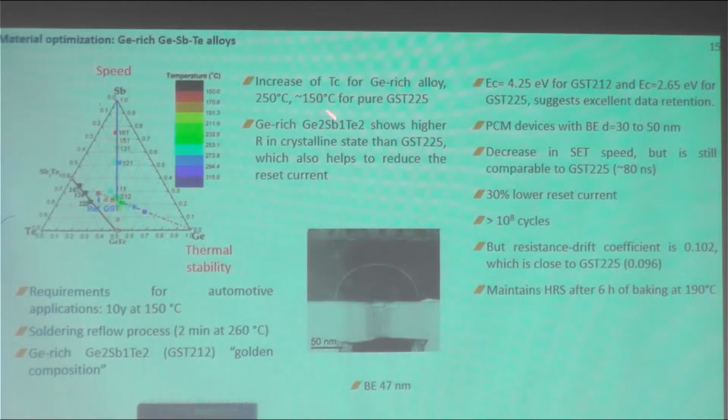Also, this composition, germanium-rich GST, shows higher resistance in the crystalline state than GST225. This also helped to reduce the reset current.